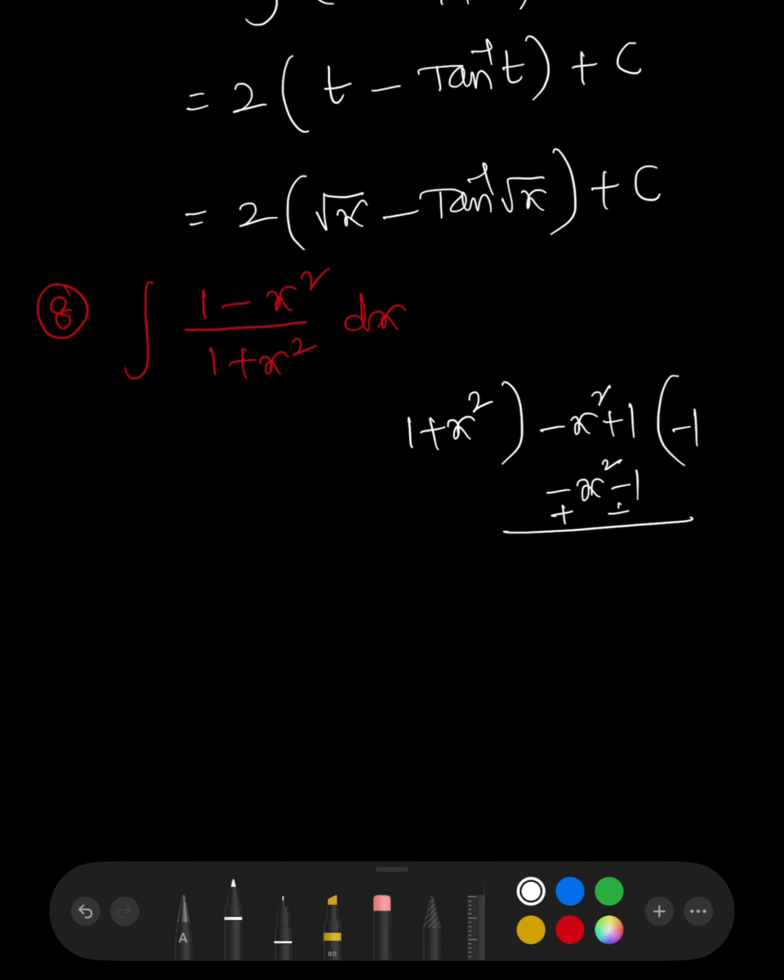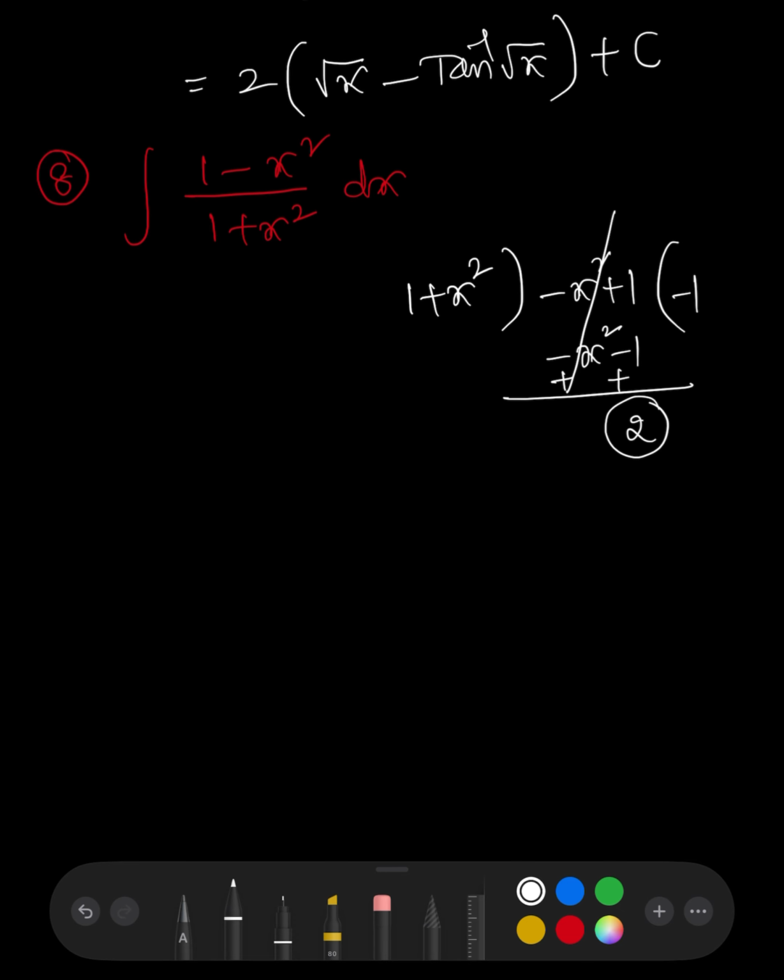They get plus, and here also we get plus, minus x square plus x square gets cancelled, and the remainder we get is 2. So 1 minus x square by 1 plus x square, we can write as minus 1 plus 2 by 1 plus x square.